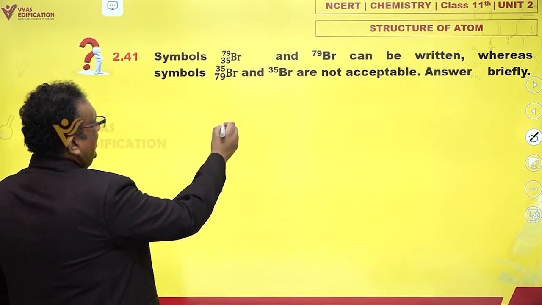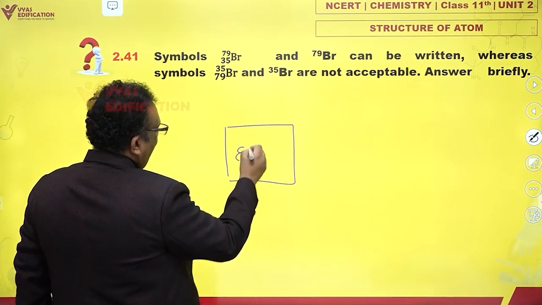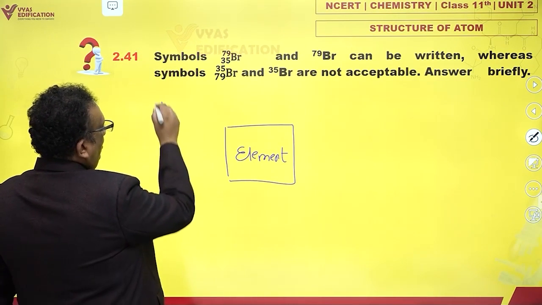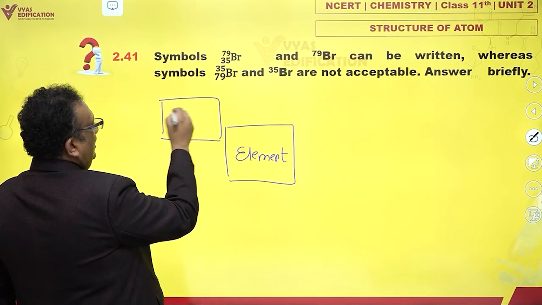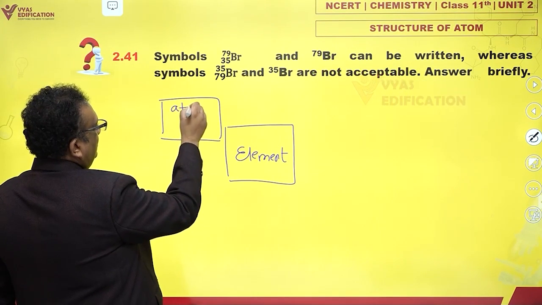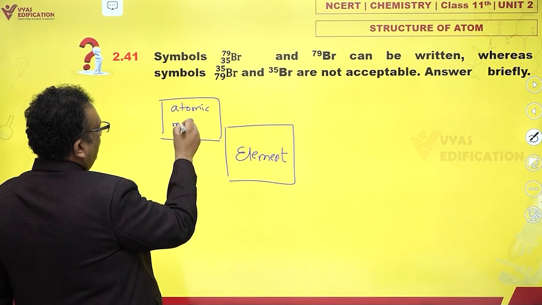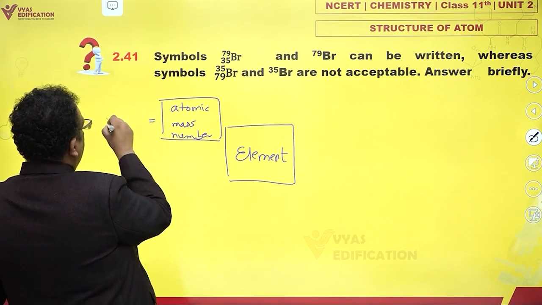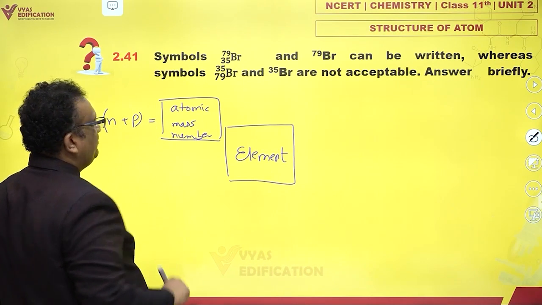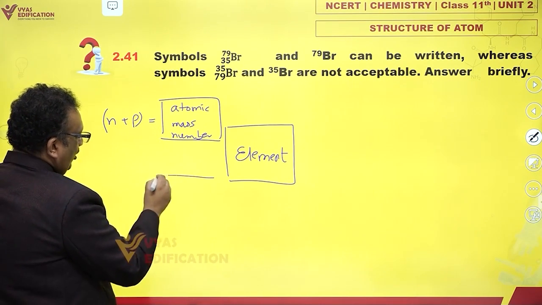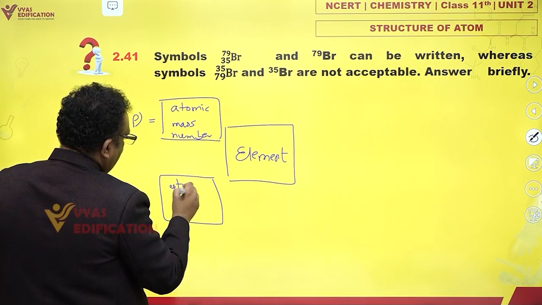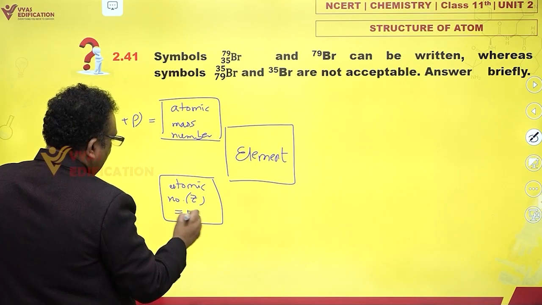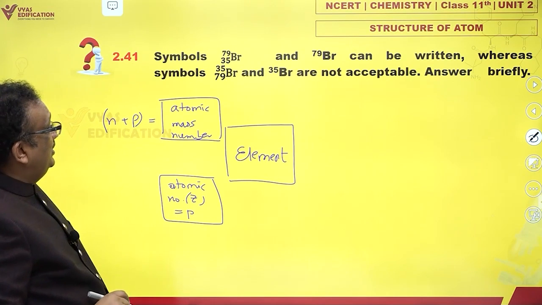Whenever we have any element, on the top we have the atomic mass number, which is N plus P, neutrons plus protons. And on the lower side, we have the atomic number Z, which is also equal to the number of protons.